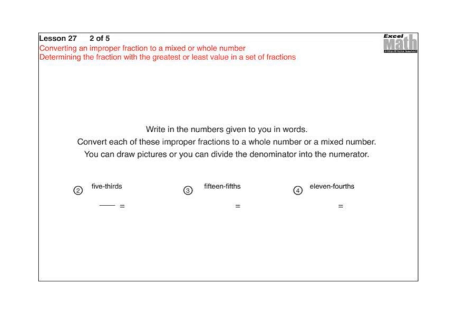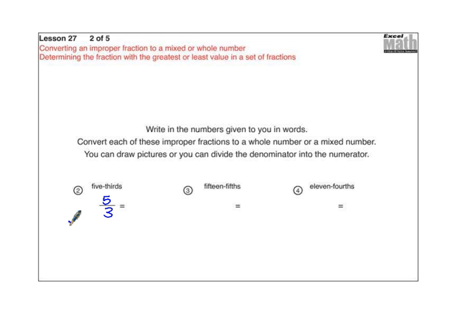All right, it says write the numbers given to you in words. Convert each of these improper fractions to a whole number or mixed number. You can draw pictures or you can divide the denominator into the numerator. And we're going to learn how to divide the denominator into the numerator. This is real simple. 5 thirds really means 5 divided by 3, because that's what a fraction is. It's dividing something up. So how many 3's are there in 5?